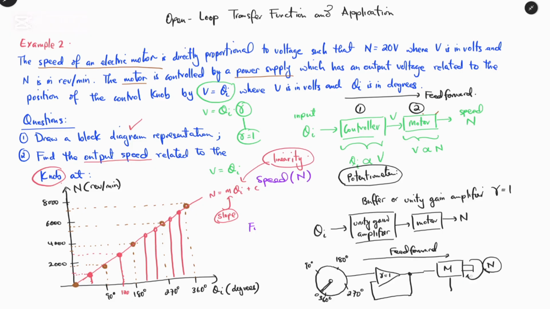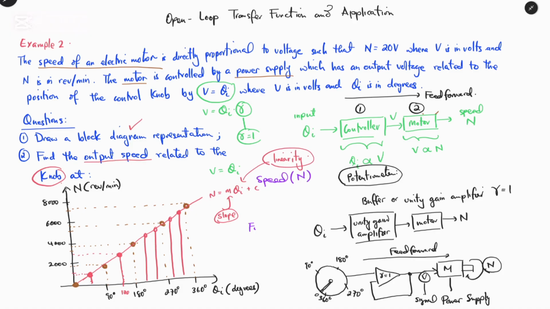And this is connected to a power supply. The V as an input to the motor is now the signal which controls the speed of the motor.